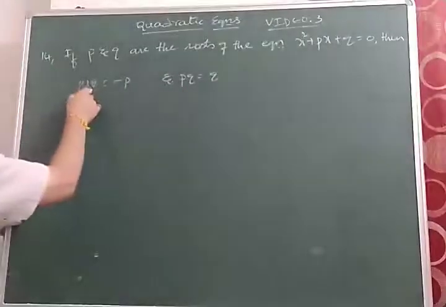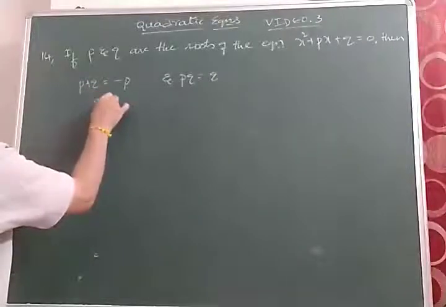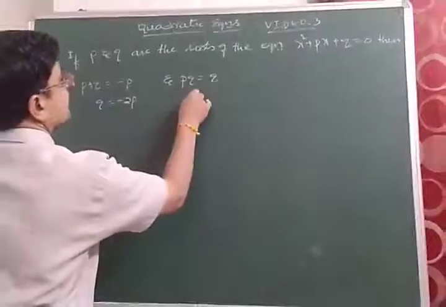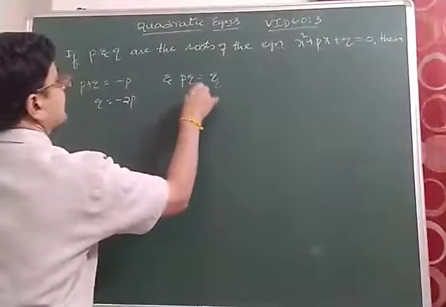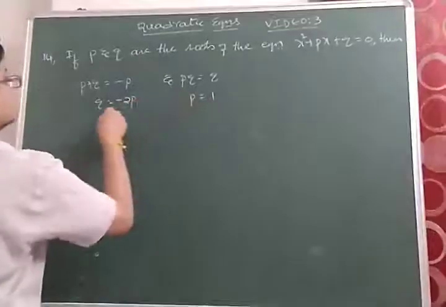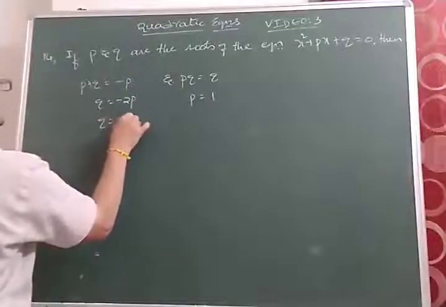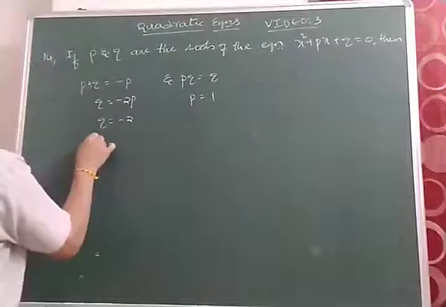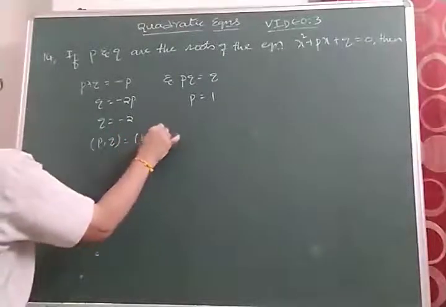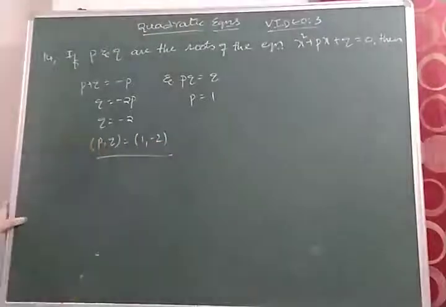So that implies q is equal to minus 2p, here p is equal to 1. When p is equal to 1, we substitute and get minus 2. Therefore the value of p comma q is 1 comma minus 2.